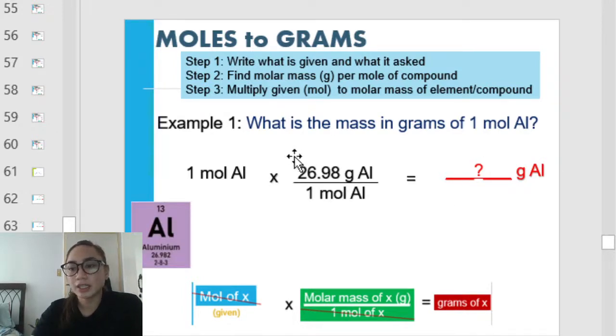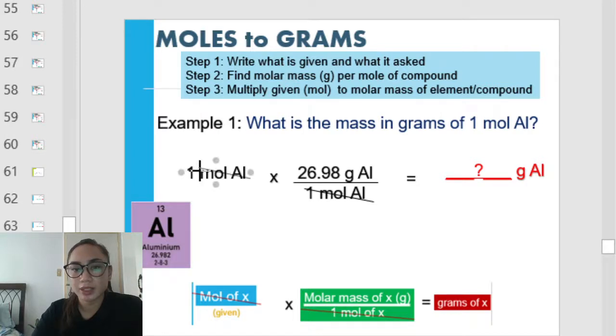Okay, so I found out na ang molar mass o atomic mass ni aluminum base sa ating periodic table is 26.98 grams per mole. So, kaya siya nakaganyan. And it is written in that way para ma-cancel out natin yung 1 mole here.